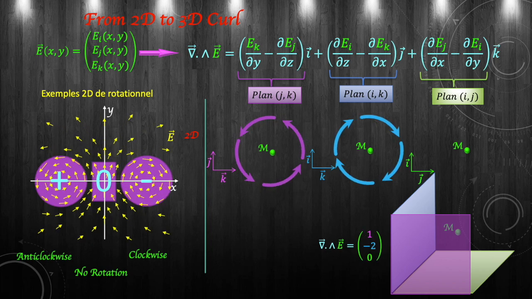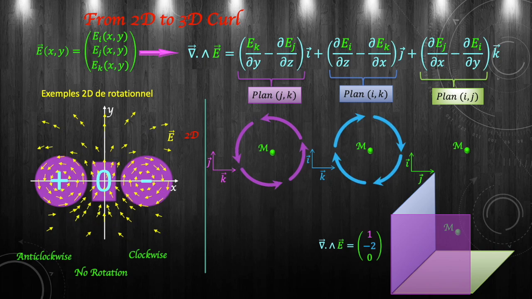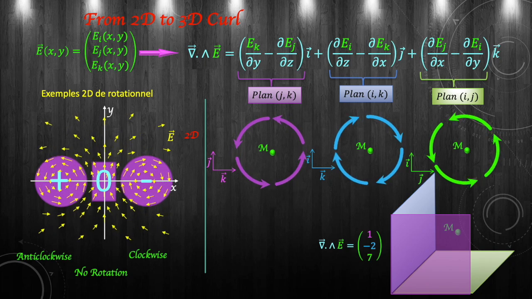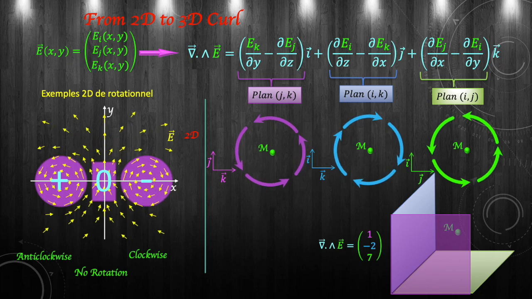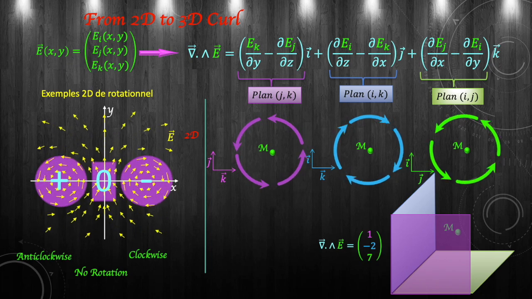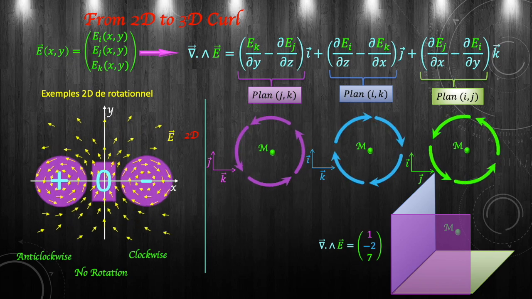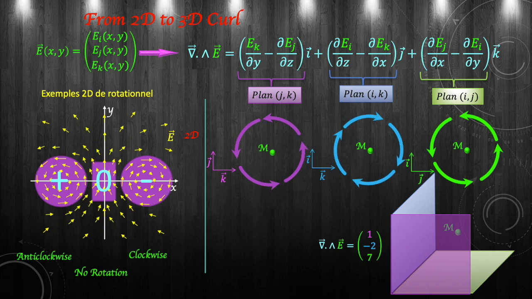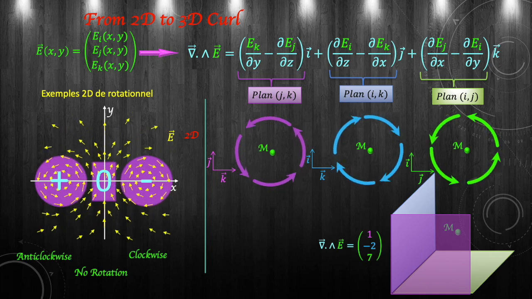A slightly stronger clockwise rotation in the ik plane might be assigned a value of -2. A much stronger counterclockwise rotation in the ij plane could be represented by a value of +7. These values are purely illustrative and are meant to explain the concept of scaling the intensity of rotation. They are not intended to represent real-world measurements or exact calculations.